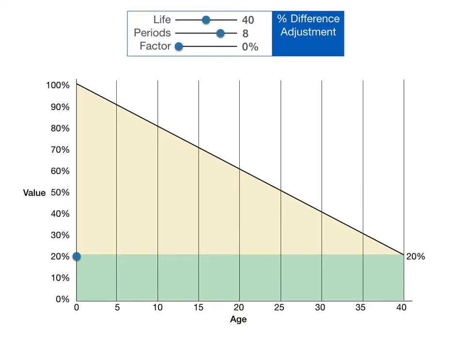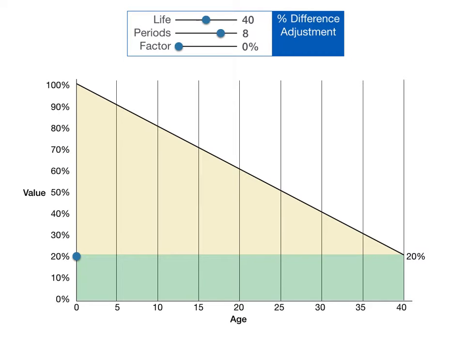Typically with depreciation, over the life of this 40-year property you go down to where there's no value left in the improvements. But what we would expect to see is slower depreciation at the beginning and faster depreciation at the end of the life.